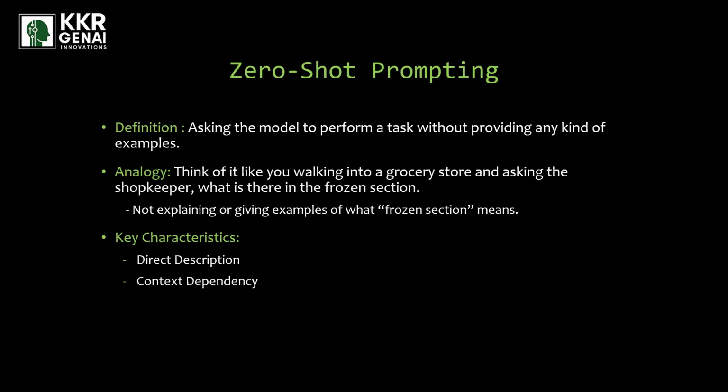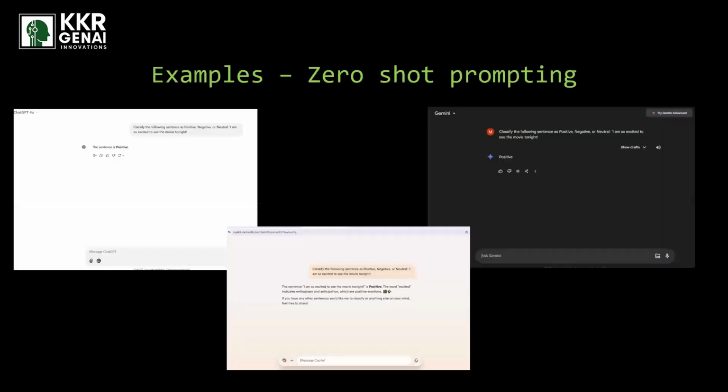Sometimes this should be enough. We need not explain everything or give examples and all of that. We have to just make sure that our descriptions are exact and to the point, and the context also has to be to the point, right?